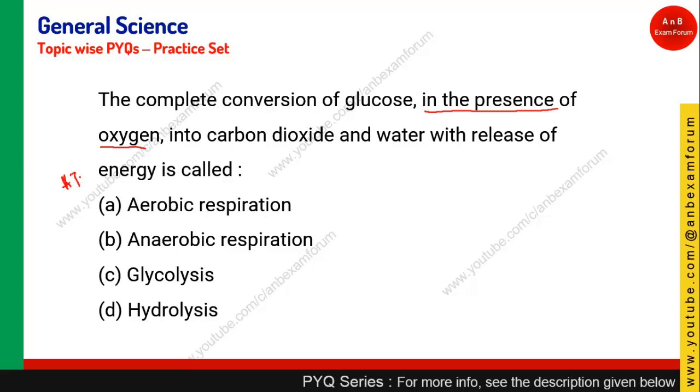Okay, so it is basically aerobic respiration. What about anaerobic? It is in the absence of oxygen. Glycolysis is the first step in both aerobic and anaerobic respiration, and hydrolysis is nowhere related to this respiration process.